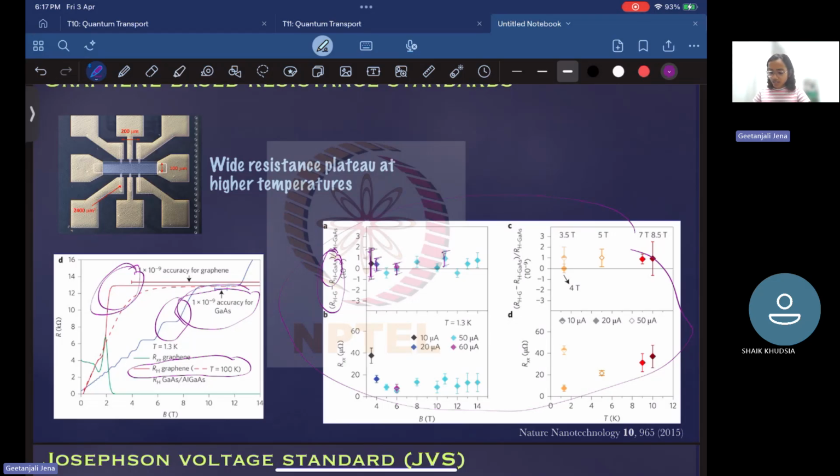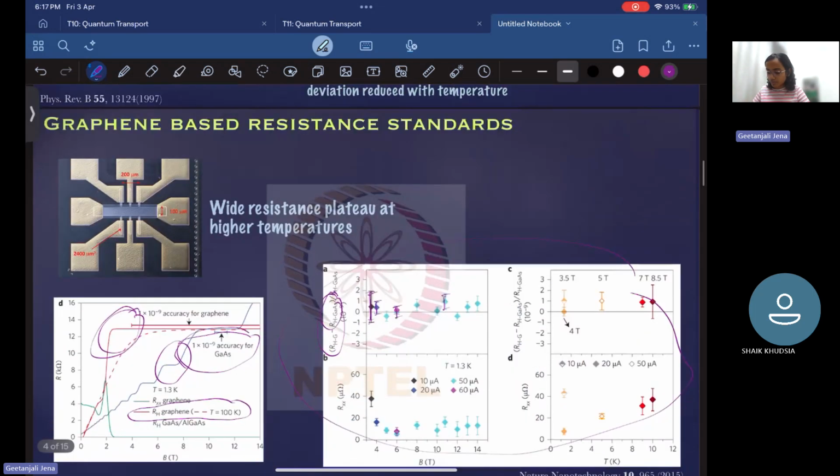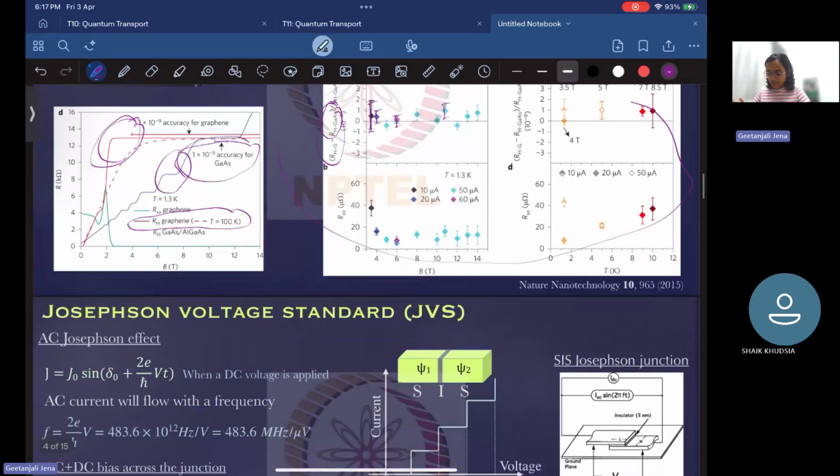That means the accuracy is not affected if you use graphene as a standard, and it's still possible to see the robust plateaus even if you increase the temperature. So this is the main point that you should look for when you are using graphene as a resistance standard.